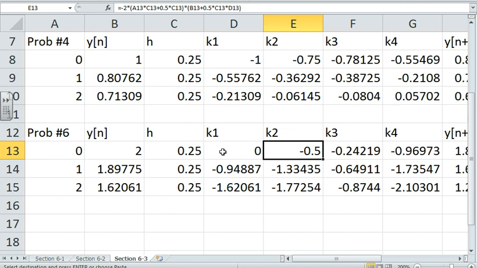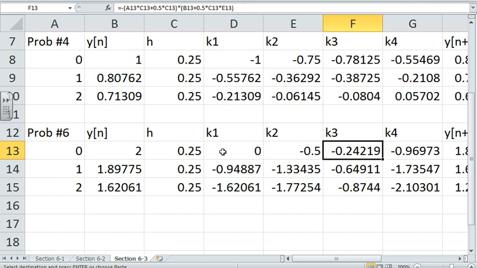Okay, so I see a minus 2 times x plus 0.5h times y, which is b13 plus 1/2 h times d13. That's what I see.